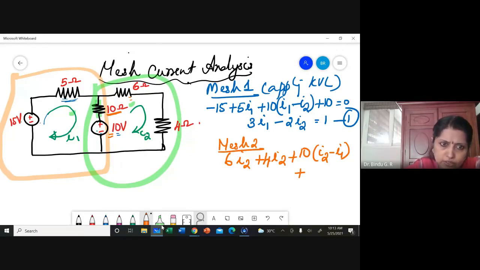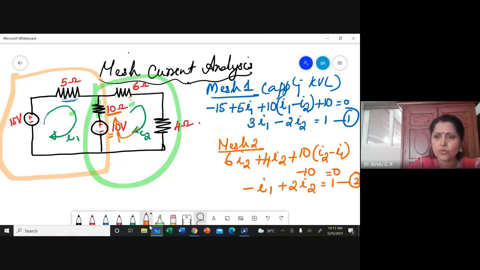Here the current I2 is flowing from negative polarity to positive polarity, which means it is a voltage rise, so it is actually minus 10 equal to 0, which on reducing gives minus I1 plus 2I2 is equal to 1, equation number 2.